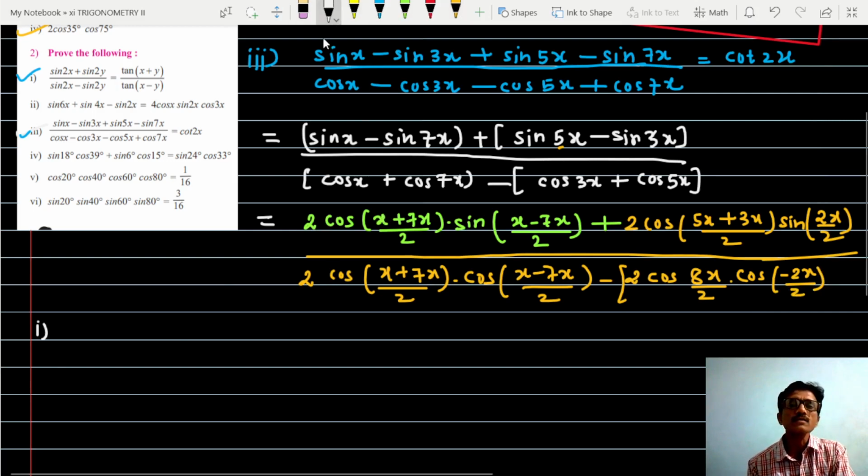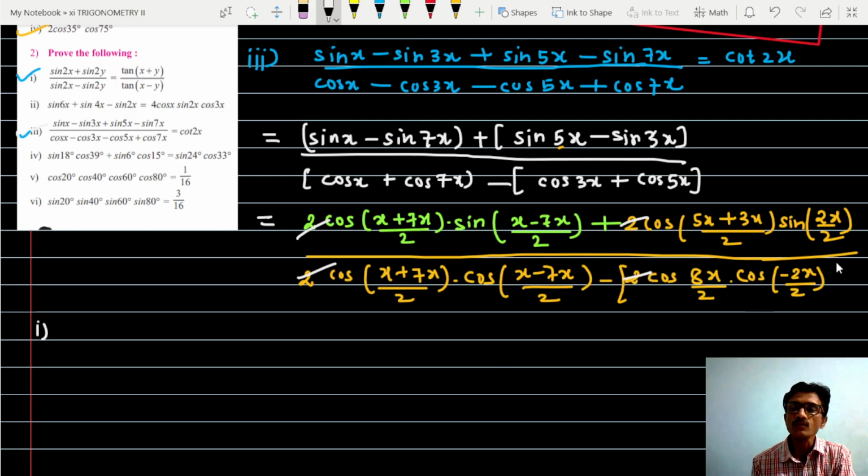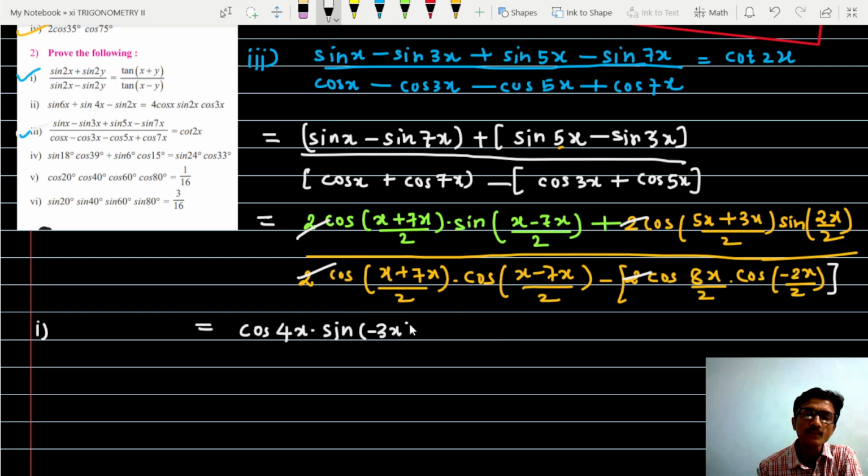Now let's cancel these 2. Here the 2 will cancel, then what is left here: cos of x plus 7x, 8x, that means 4x, this cos 4x into sin of x minus 7x, that is 6 over 2, it is minus 3x, plus cos 8x upon 2, that is 4x into sin x, 2x upon 2.